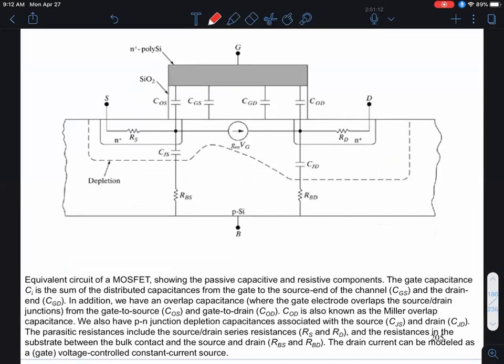In this figure, I'm showing you what's called an equivalent circuit of a MOSFET. Okay. The concept of an equivalent circuit we introduced very briefly when we talked about PN junction diodes, where we said that an ideal diode is like a digital device which conducts with infinite conductance in the forward direction and is in the off state in reverse bias.